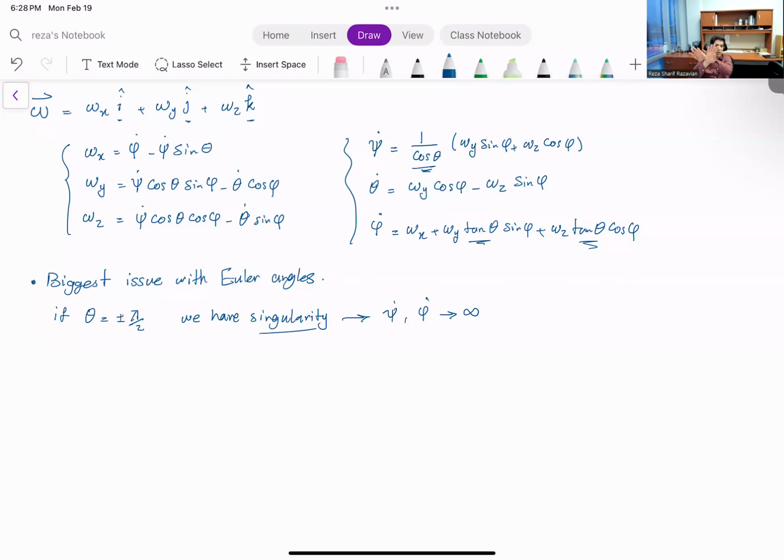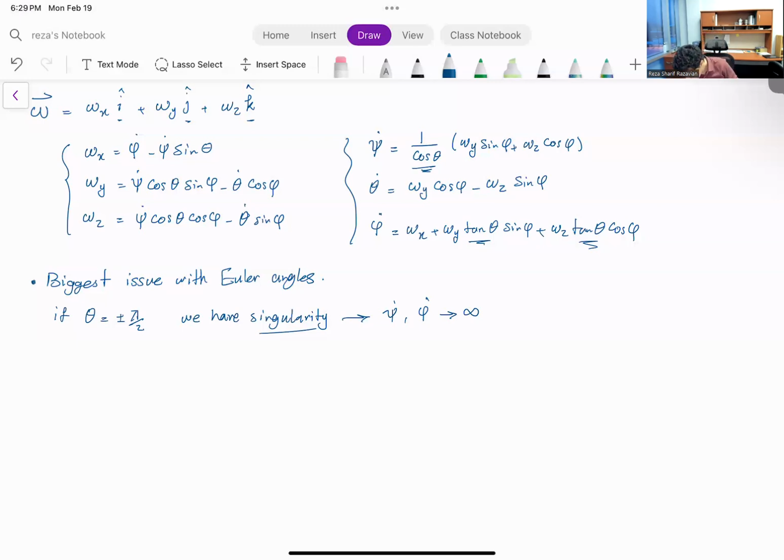And as theta passes through 90 degrees, all of a sudden they may have to do something different from what they used to do before. That's why we may have a sudden jump in values of psi and phi, and why the velocities are essentially infinity at that particular point.